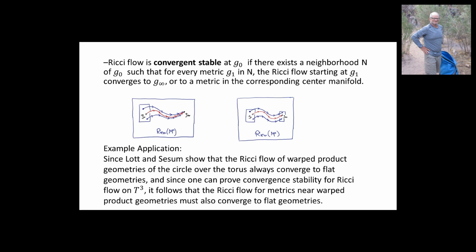This first one says that since John Lott and Natasa Sesum showed that the Ricci flow of warped product geometries, for example of the circle over the torus, always converge to flat geometries, and since we can prove convergence stability for Ricci flow on the torus T3, but this would hold more generally, it follows that if we look at Ricci flows for metrics which are near the warped product, these will also converge to either g infinity or to the central manifold.